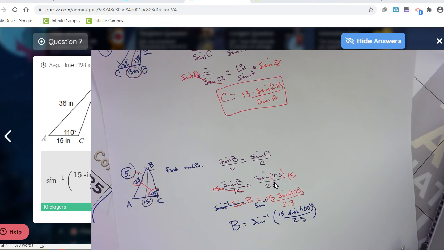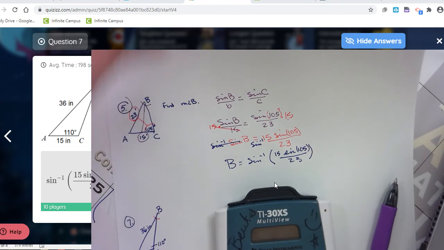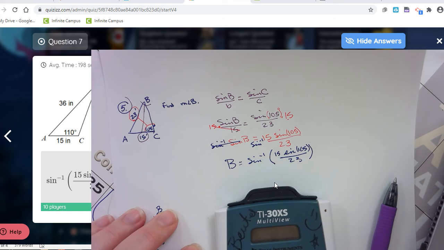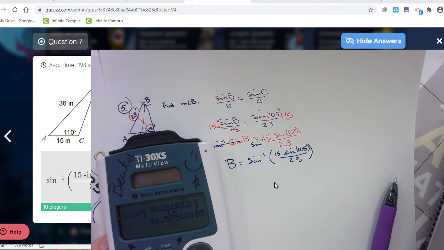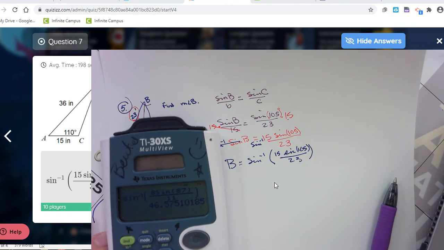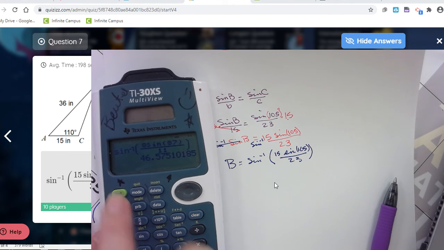Okay, so I'm going to grab my calculator. I'm going to scoot this up, and I'm going to turn this on, and let's see if I can get this to where you can actually read it. There we go. So I'm going to do sine inverse. Well, let me clear this out.